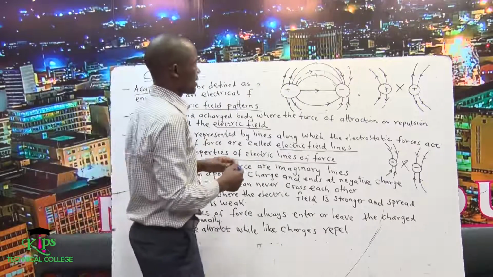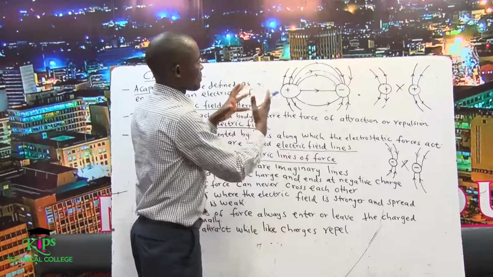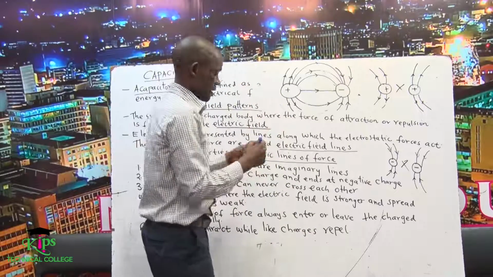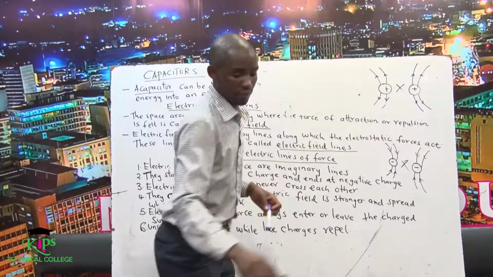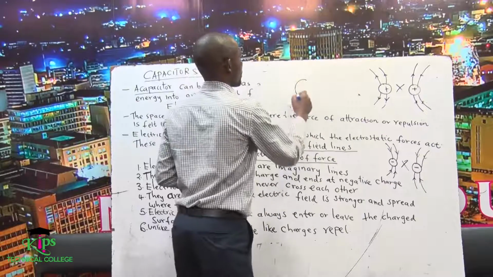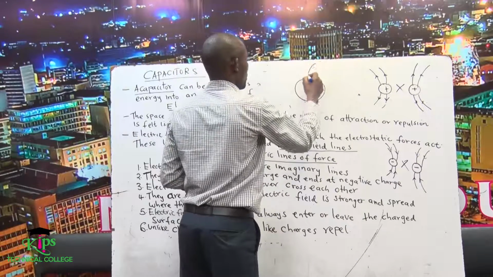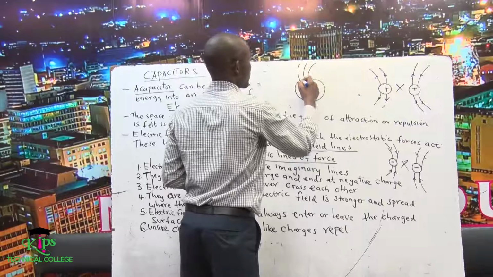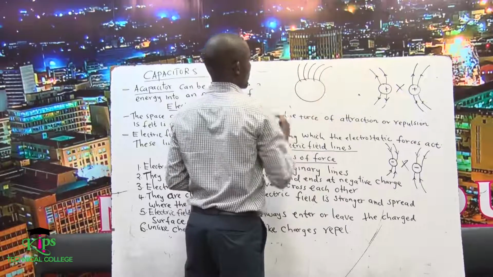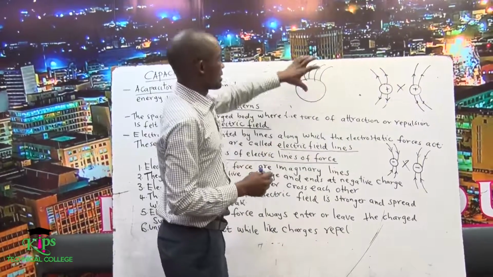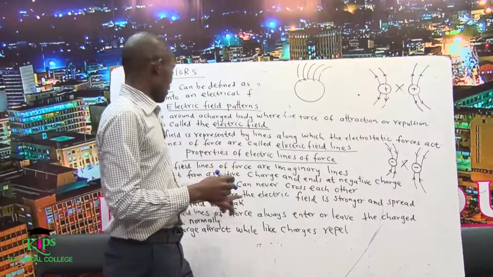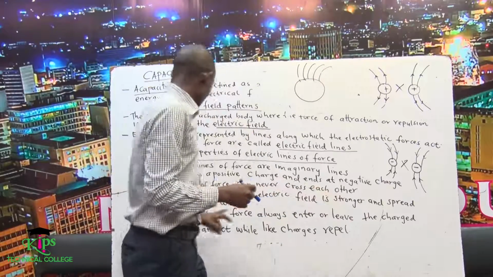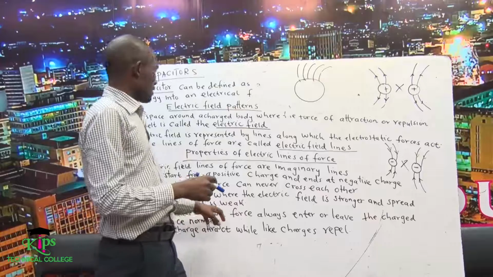But if you find the electric lines of force are spread, for instance in such a case, whereby you have seen these lines are very close towards one another, this means the field there is stronger. They are closer where the electric field is stronger and spread where the field is weaker.